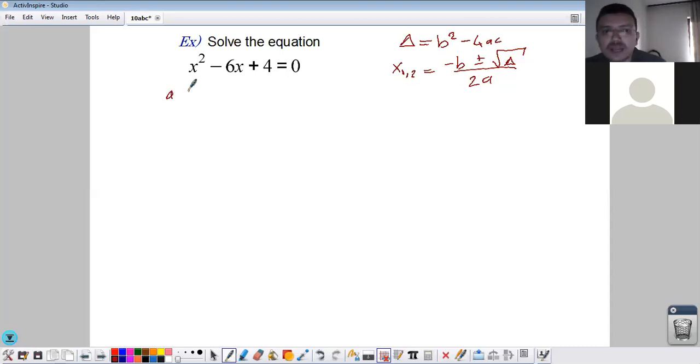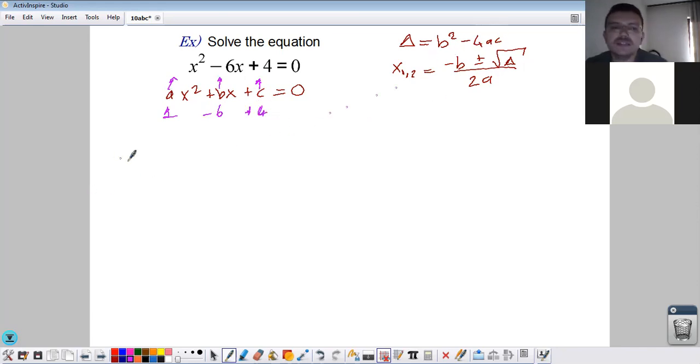We always have the case ax squared plus bx plus c equals 0. This is the most well-known quadratic form. So the a number right now is 1, the b number is minus 6, the c number is plus 4, positive 4.